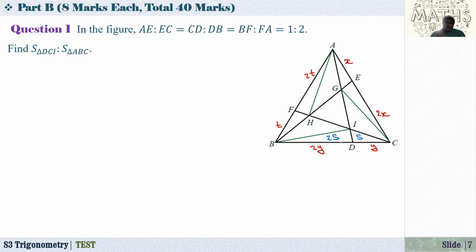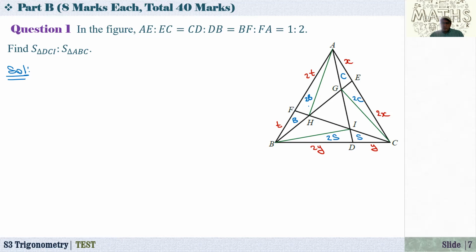Now, if this area is B, this area should be 2B. And if this small triangle is C, the other should be 2C. All right, so now we have S to 2S, B to 2B, C to 2C.